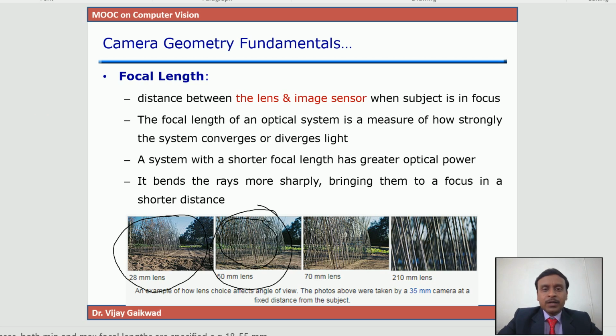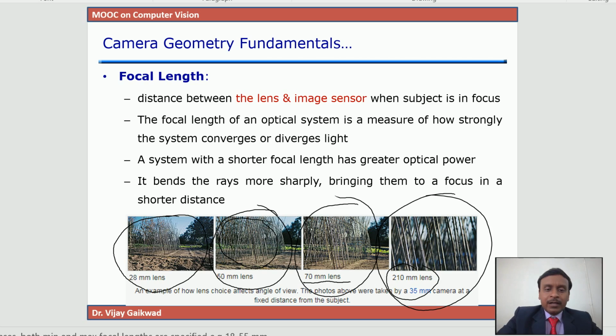I get a zooming effect. In the third picture, the focal length is 70 mm, and I get a bigger, more detailed view of the object. And finally, in the last picture, the focal length is 210, and you get all minor details of the object.